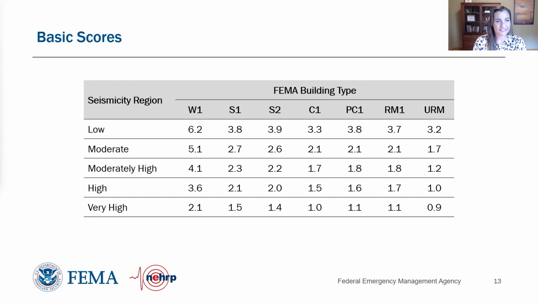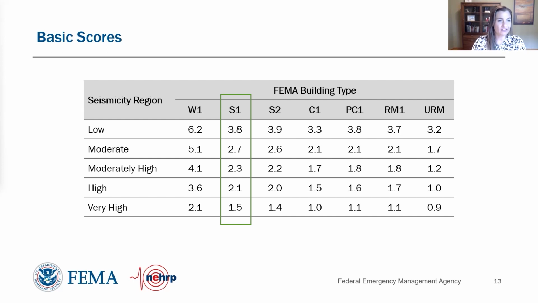So if we look at the S1 building type, we have a score of 3.8 in low seismicity, all the way to a 1.5 for very high seismicity. And we can see that the score varies. If we have the cutoff score of 2.0, which is our typical cutoff score, an S1 building without any sort of modifiers would pass in low, moderate, moderately high, and high seismic regions, because it varies from 3.8 to 2.1 in those regions.